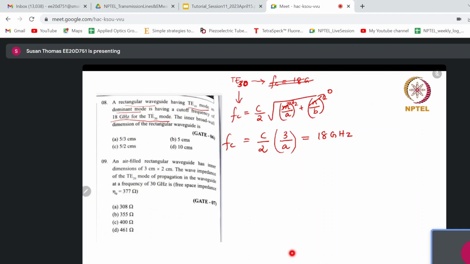Now, the question asks for the inner broad wall dimension of the rectangular waveguide, that is A. It is very easy to find A. So A is 3 into 10 power 8 into 3 divided by 2 into 18 into 10 power 9.